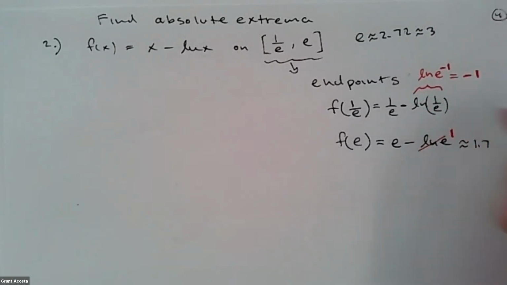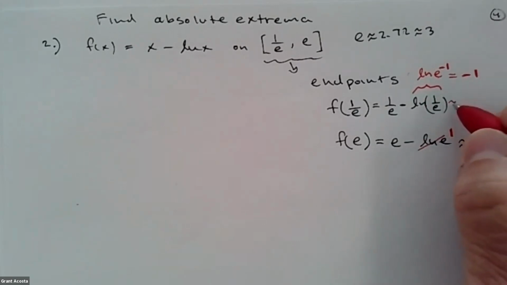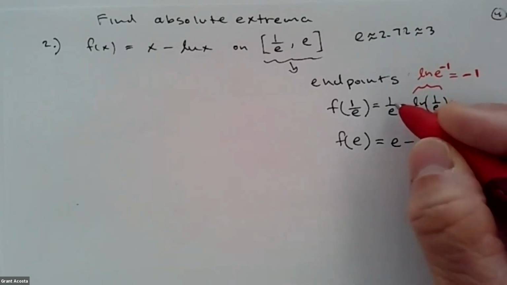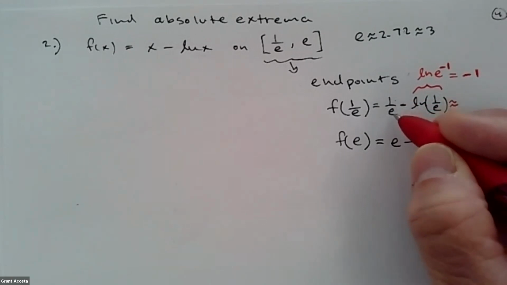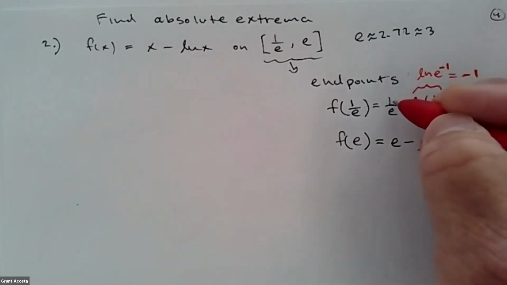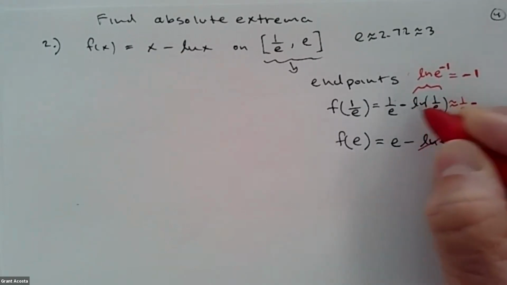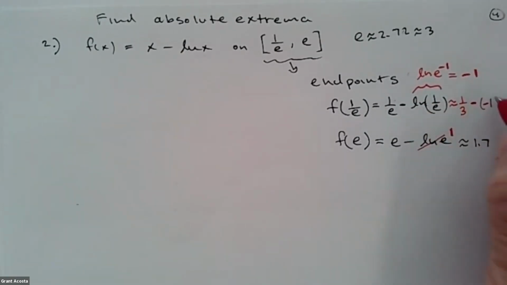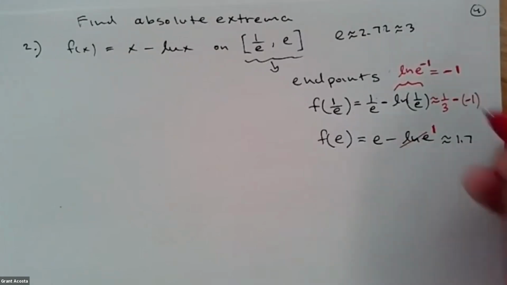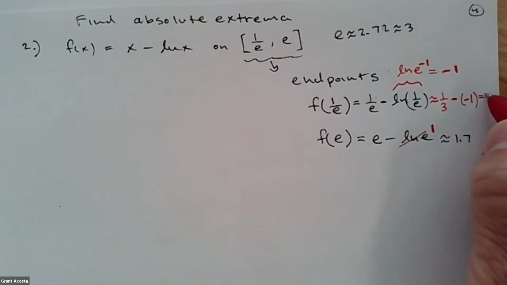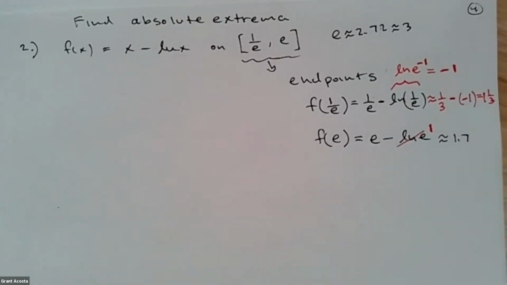So we could conclude that this thing now, okay, I'm just doing estimation tools here. 1 over 2.7, I'm not going to be able to do much with, but if I say that's roughly 1/3 minus, and this is negative 1, I think we could say that this is roughly 1/3 plus 1, so 1 and 1/3, roughly.